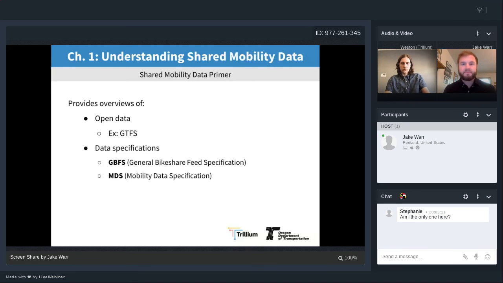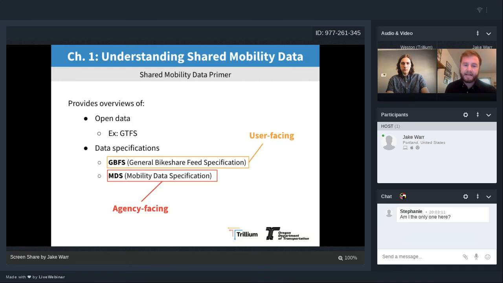Similarly, and what this primer focuses on in this chapter is GBFS, the General Bikeshare Feed Specification, and MDS, the Mobility Data Specification. So GBFS, important thing to note about it is it's user-facing. So this is how you're able to access information about bike share, location of bike share bikes, and their availability.